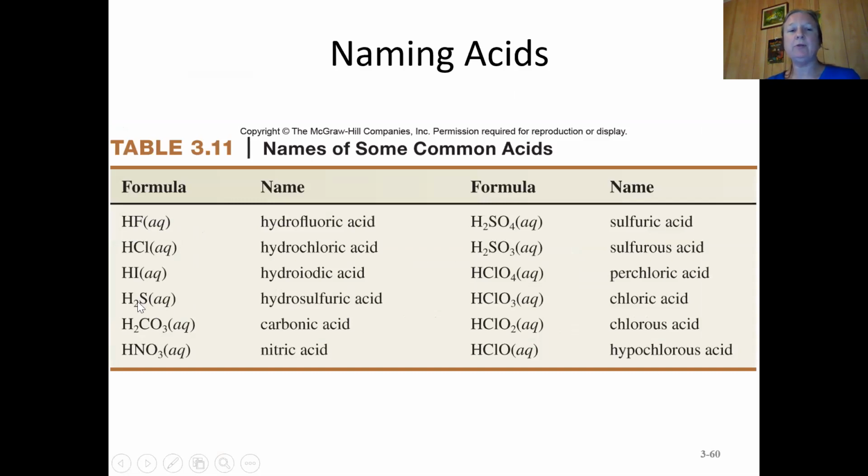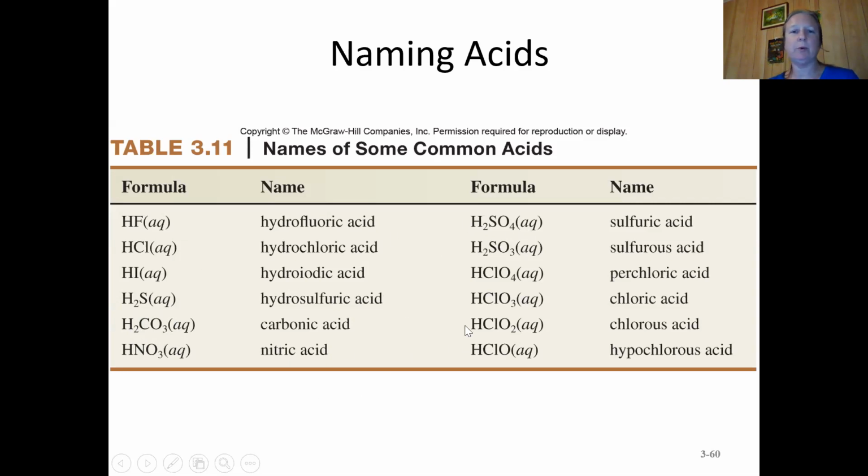Even though there are 2 hydrogens here, it doesn't matter. Just hydro, sulfuric acid. If you have the polyatomic, you follow the polyatomic rules. So this is carbonate. So ate goes to ic, carbonic acid. Okay, so practice these.